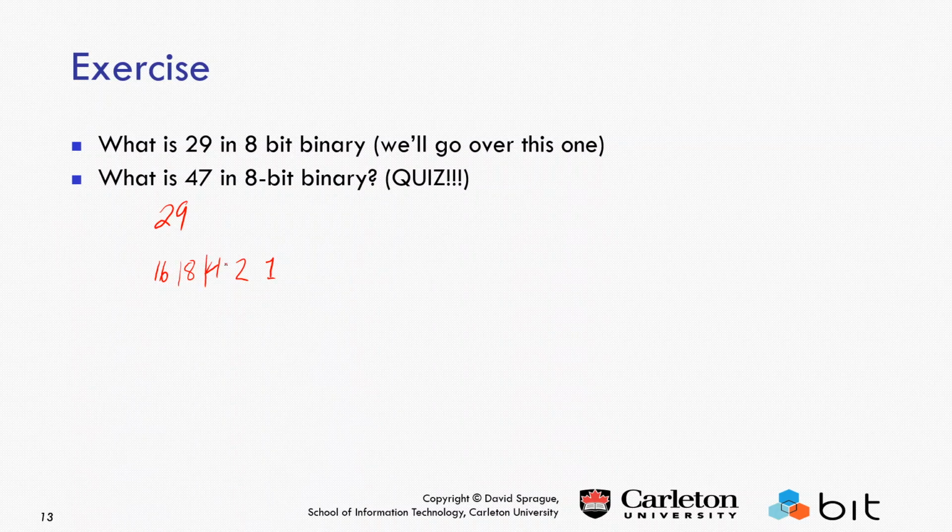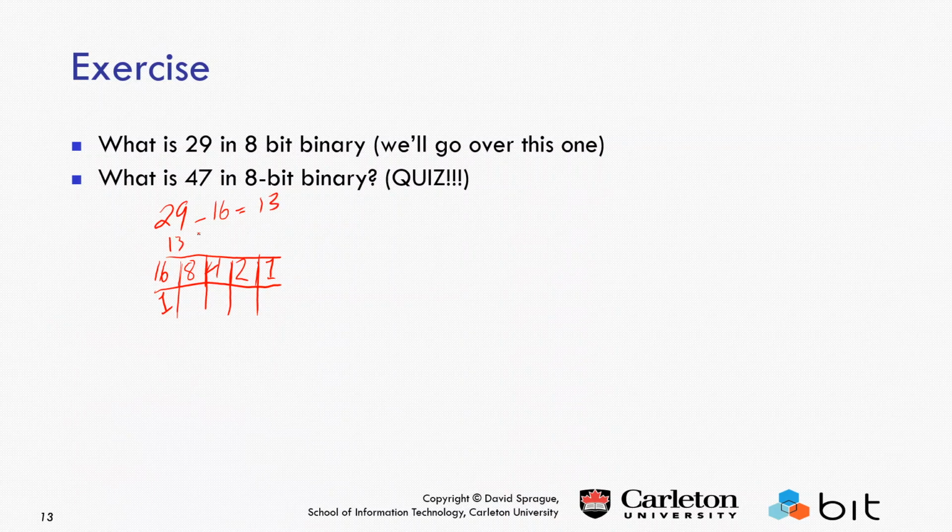I'm going to keep on separating these things out. And let's put our bits in the right place. So we know we'll have a 1 there. Minus 16. And now I need to figure out what that remainder is. That's 13, right? Basic arithmetic.